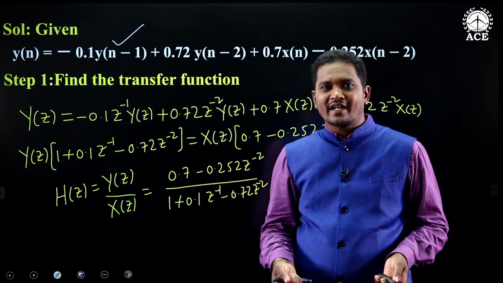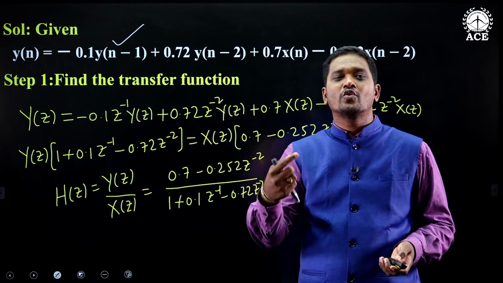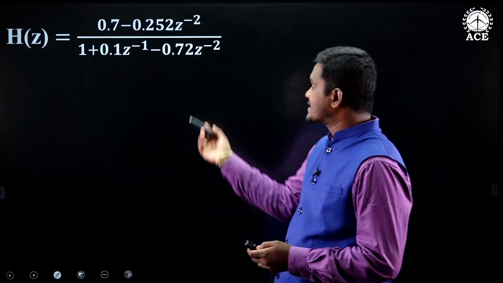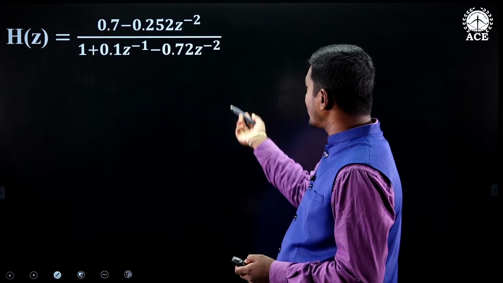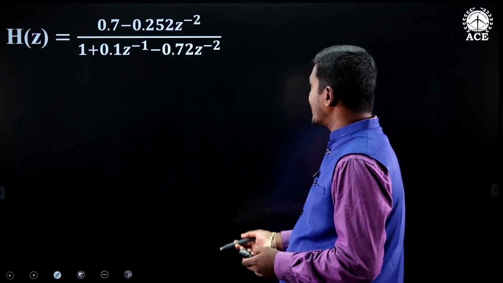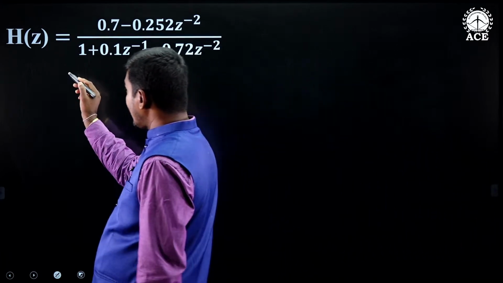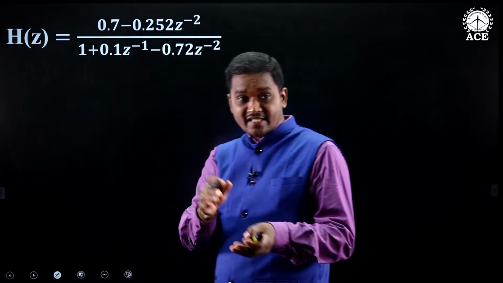How to decrease the numerator order? You need to do the division. Let us see now. This is the thing we got, 0.7 minus 0.252 z power minus 2 by this one. Now, by using division, let us decrease the numerator order.